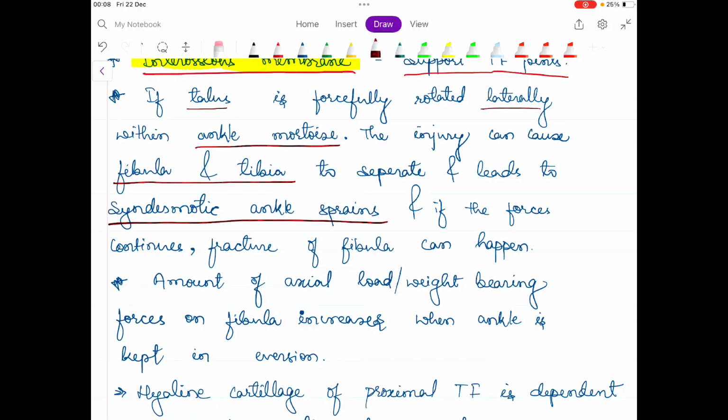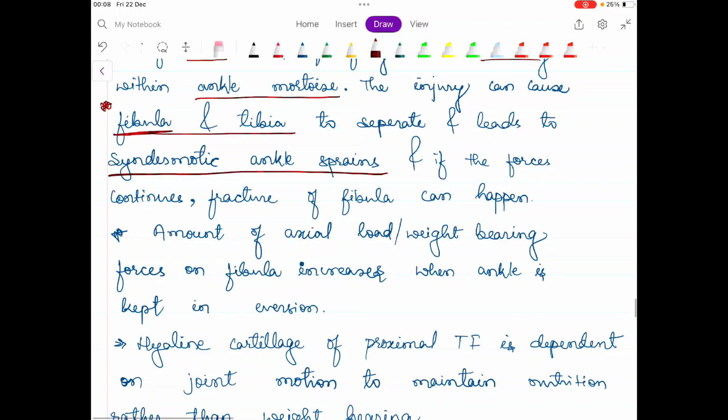What will happen in that case? The injury can cause separation of the fibula and tibia, which will ultimately lead to a syndesmotic ankle sprain. So basically, when the talus is forcefully rotated laterally within the ankle mortise, it injures the distal tibia and fibula, leading to separation at the distal tibiofibular joint. Since that joint is a syndesmotic or fibrous joint, there is normally no separation between the tibia and fibula, but when that injury happens, they separate, and that leads to a syndesmotic ankle sprain.